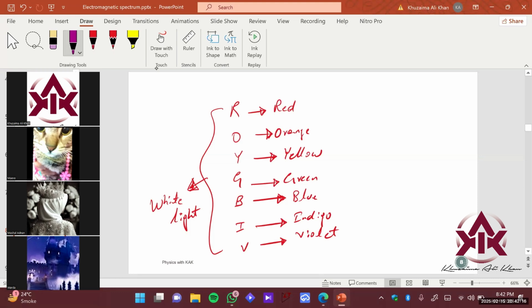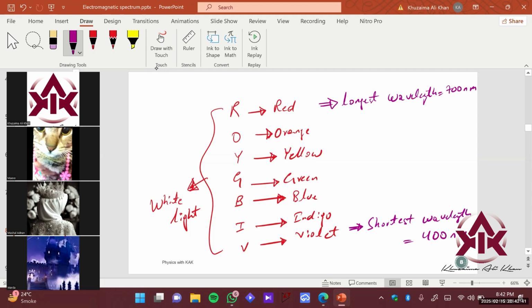You just need to know the boundary values. Red has the longest wavelength, that is 700 nanometer. Violet has the shortest wavelength, that is 400 nanometer.